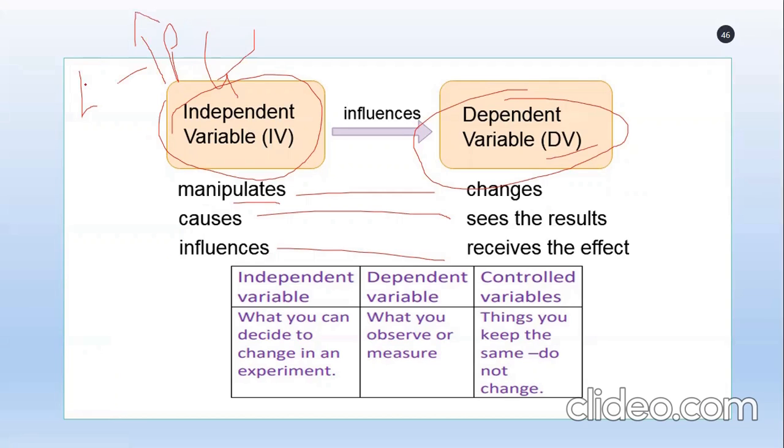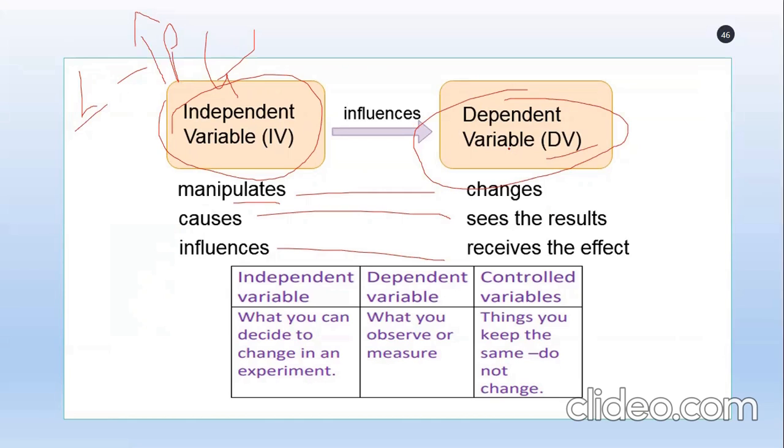But if sunlight is not easily available, or you don't get light, definitely there will be an obstacle in the growth of the plant. So you can say that the plant growth is dependent on light. So light here stands for an independent variable, whereas the growth of a plant stands as a dependent variable.